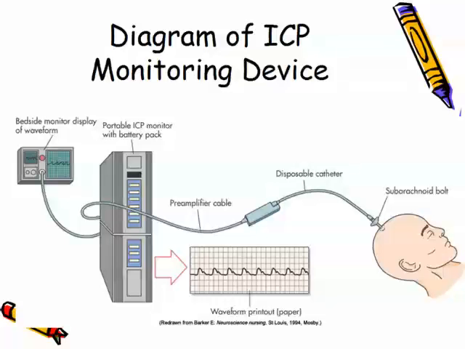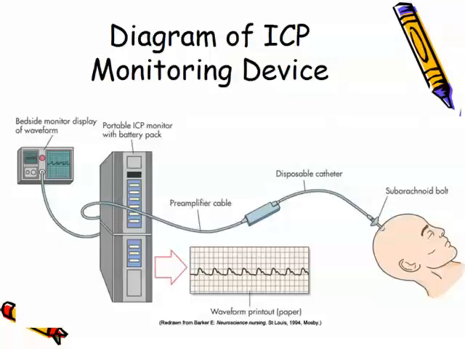And there are different waveforms that you would see with a patient that had this device in, and depending on what the waveform pattern looked like could indicate if that patient was having a normal ICP patterning going on, or if that patient had ischemia or some sort of brain injury and insult.